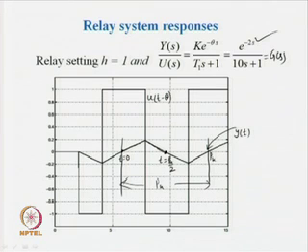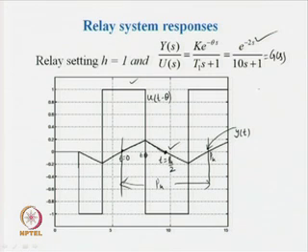Now, why am I mentioning two segments? Because the input during one positive half of the output of the system is different. We have positive input for time t = 0 to time t = theta, whereas the input to the system from time t = theta to time t = Pu/2 is minus 1.